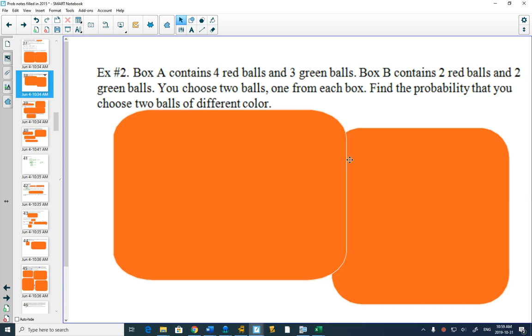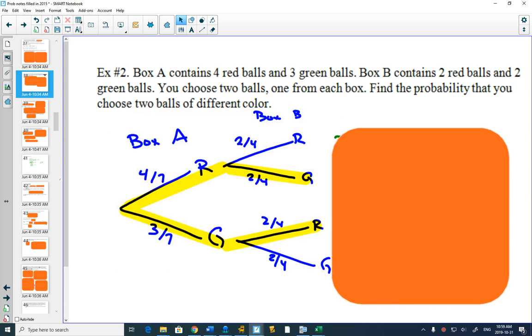So again, a good setup strategy would be to draw a tree diagram.